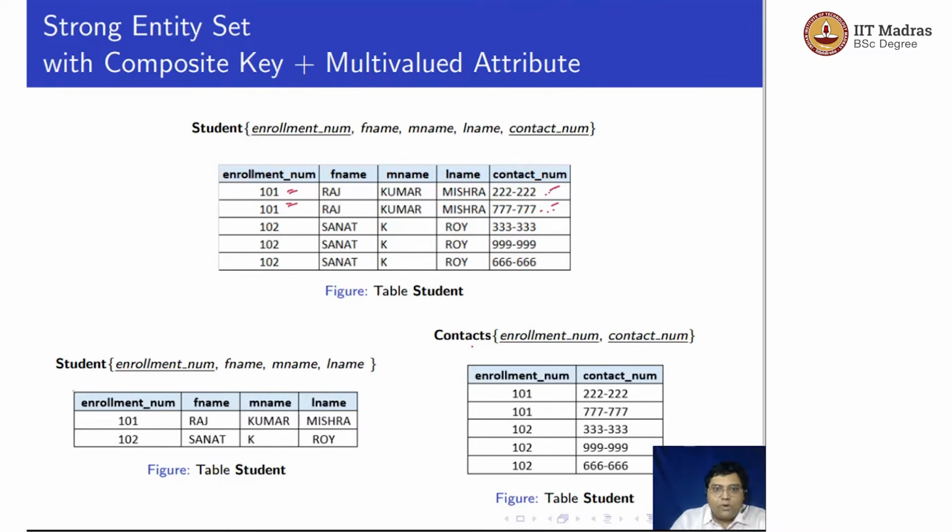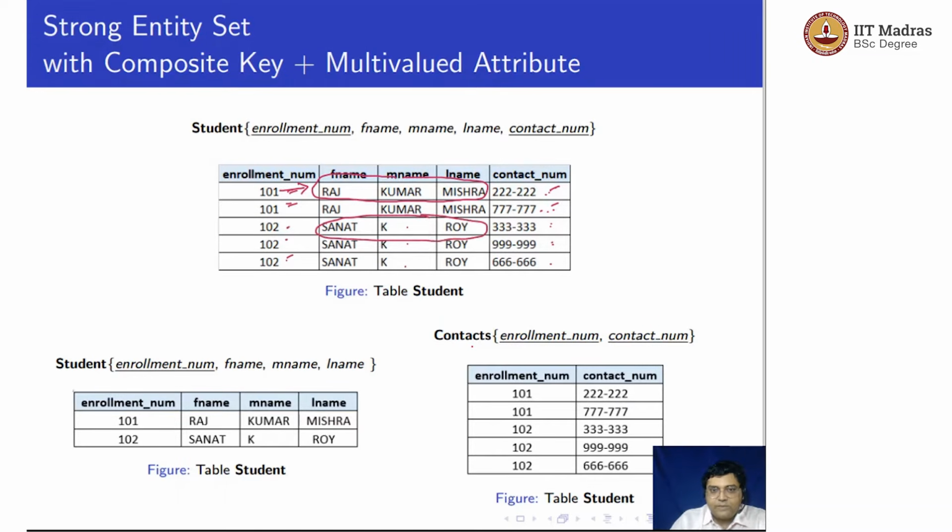Same for 102, all the information other than the contact number is repeated thrice because there are three contact numbers. This is because this portion of the information is dependent on the enrollment number.